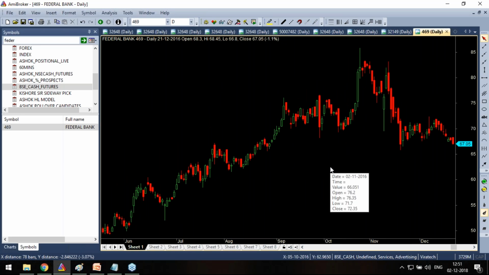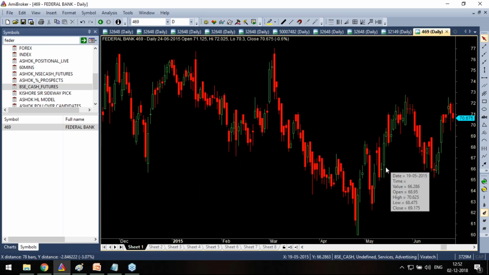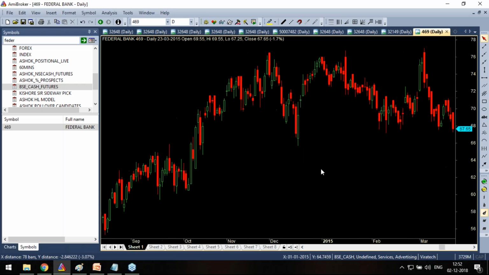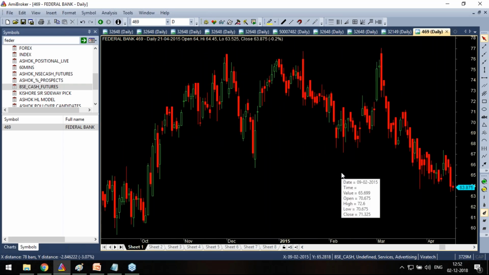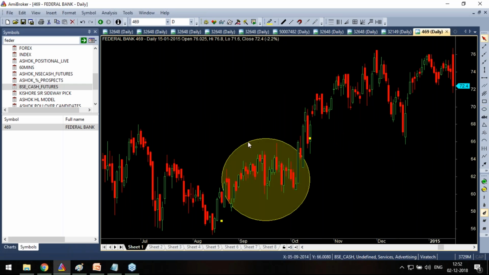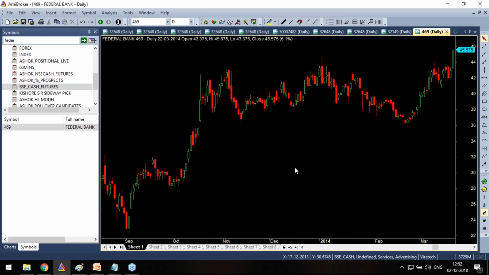An uptrend is different, compression is different, remember. See, these are all compressions, up, down, up, down, up, down. Where will we see maximum compression? You will see maximum compression in regions where there is a major swing high, swing low.